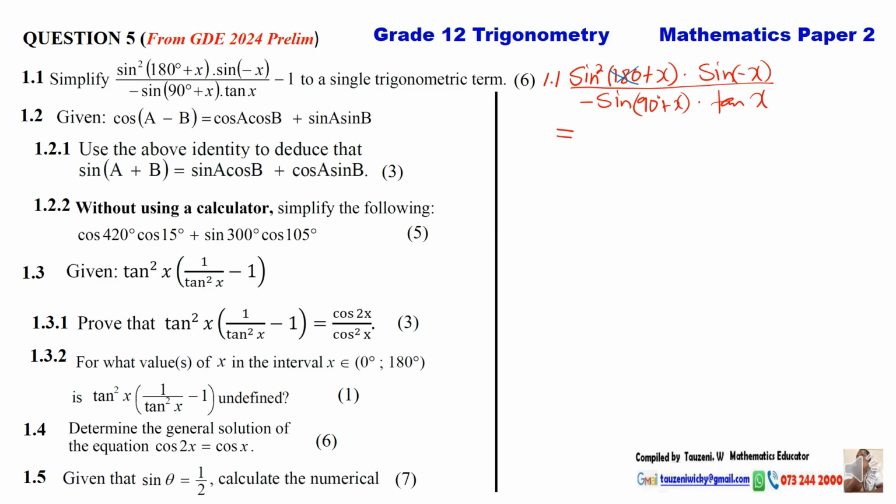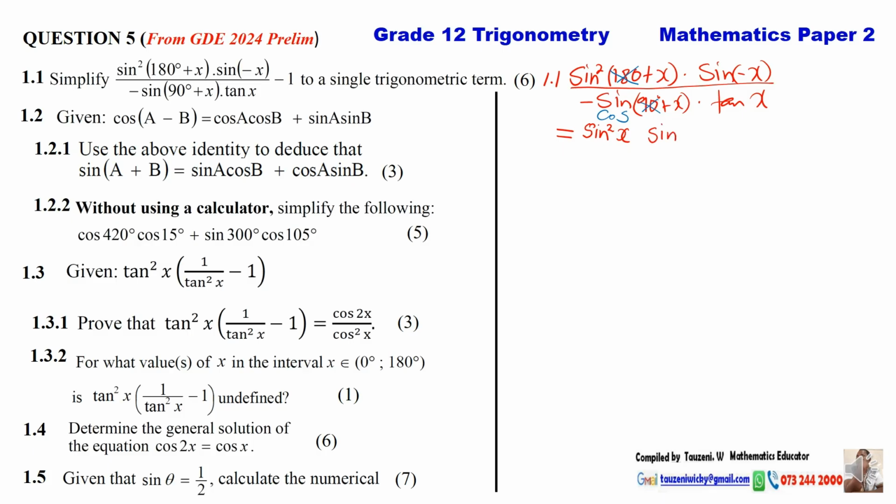Then if you see 90 degrees plus or minus theta, the 90 degrees falls away and the sine changes to cos and the cos changes to sine. Now, the only catch that you must be careful with in reduction formulas is the signs. Once the 180 falls away, the remaining expression is going to be positive or negative according to the CAST rule.